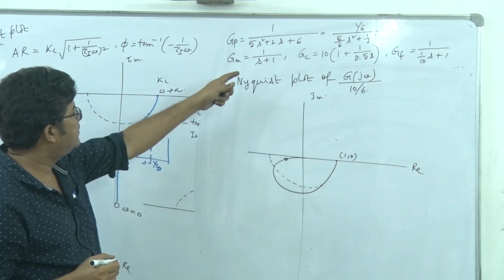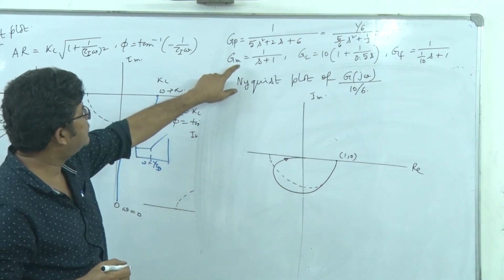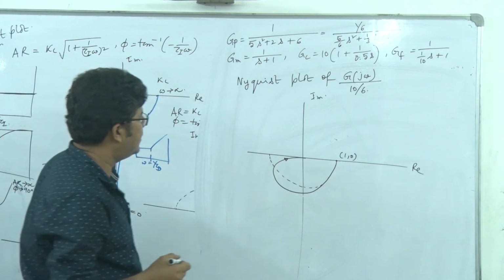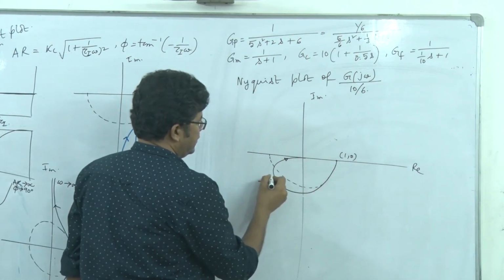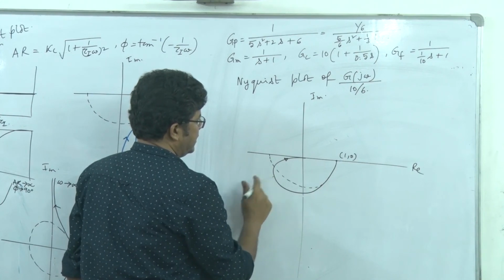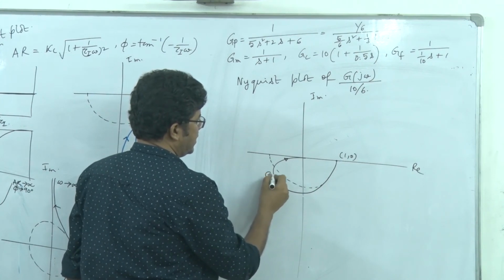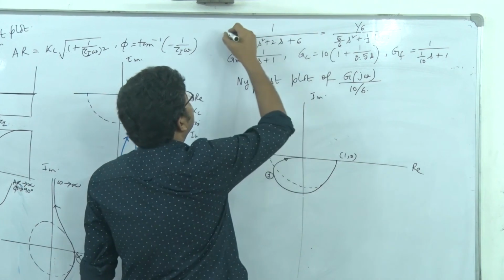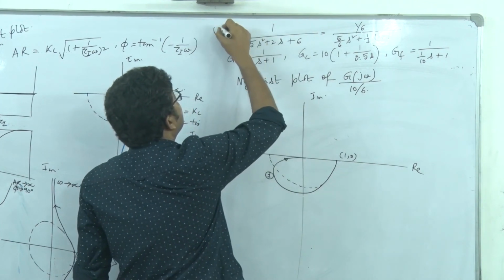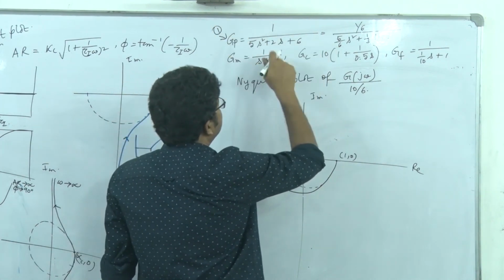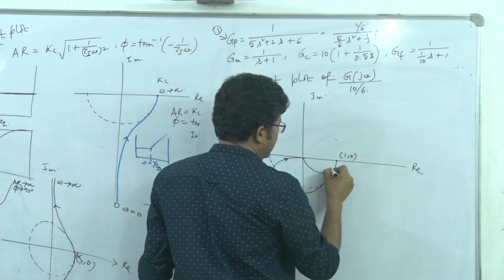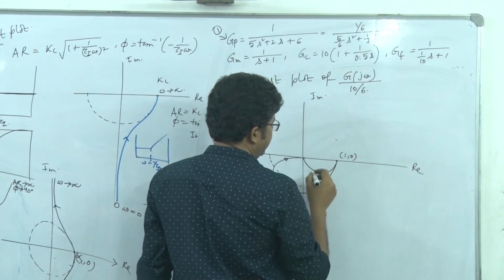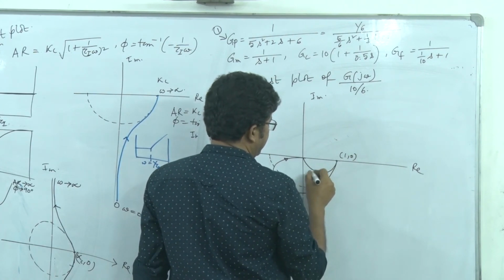The second is a first order system, s plus 1, like this. This is plot for 2.